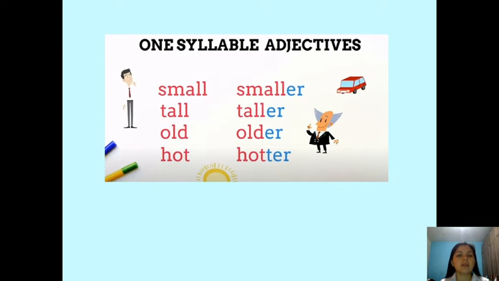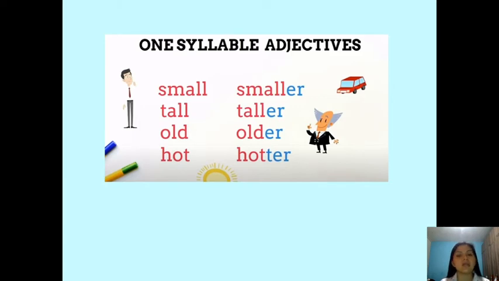For example, number one, one syllable adjectives. How can we make the comparison? ¿Cómo podemos compararlo? For example, small, smaller, tall, taller, old, older, hot, hotter.